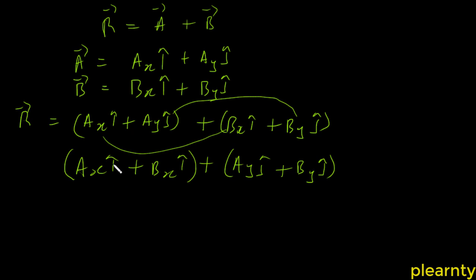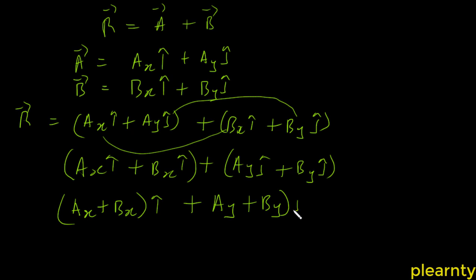Now, we could bring the I out of a bracket since it's common here and here. So we can say (AX plus BX)I plus (AY plus BY)J.